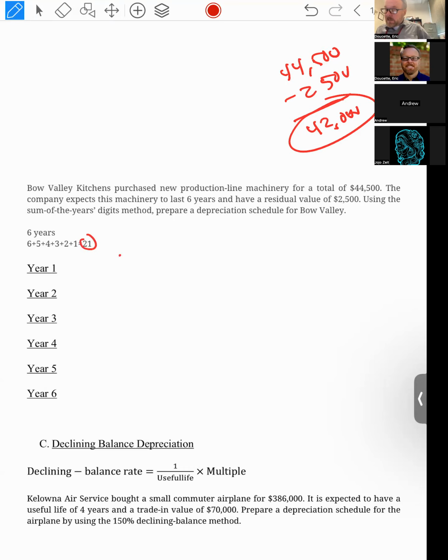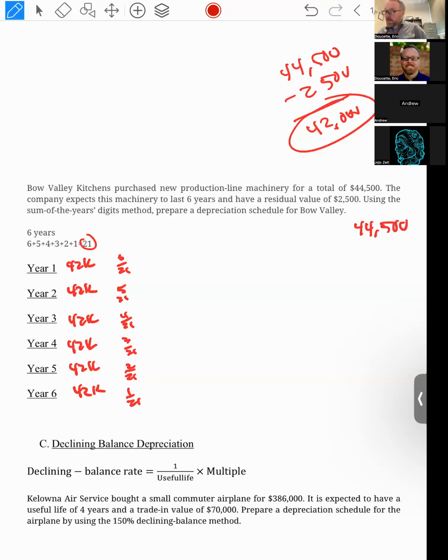So again, it's going to be 6/21, 5/21, 4/21, 3/21, 2/21, 1/21, and it's going to be 42,000 on each one. Then we start with the 44,500. So that way, when we get to the end down here, we'll have 2,500 left.